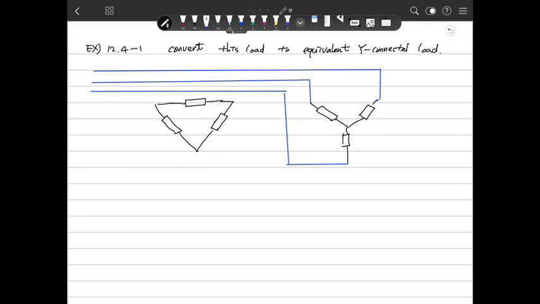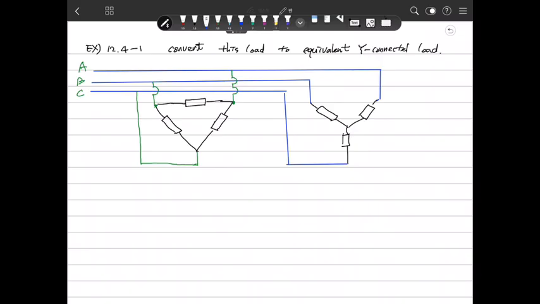Like that. And A phase is connected in this manner onto that. It's A phase, and B phase is connected in this manner here, and C phase is connected in this manner. This is A and B and C.